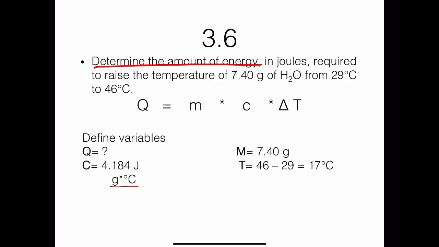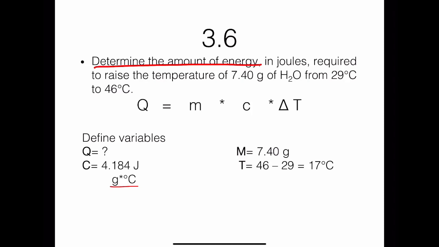So if we're converting between calories and joules, this value allows us to do that. This value is a constant. So for water, C will always be 4.184 joules per gram degree Celsius. If we're dealing with a different substance and I ask you to use a specific heat of that substance, I will let you know what that specific heat is.